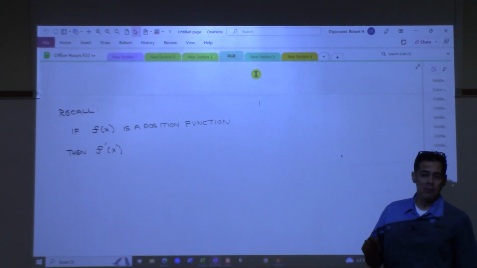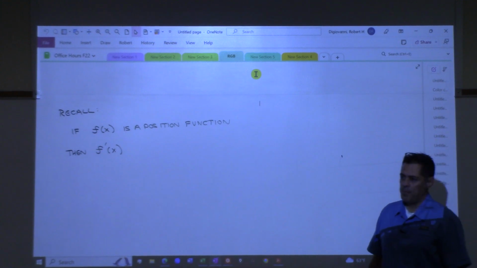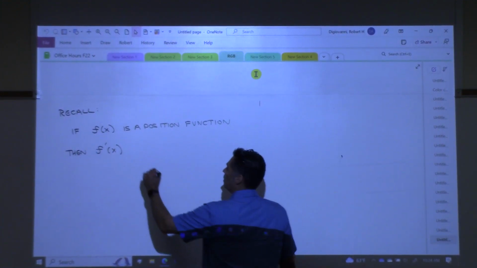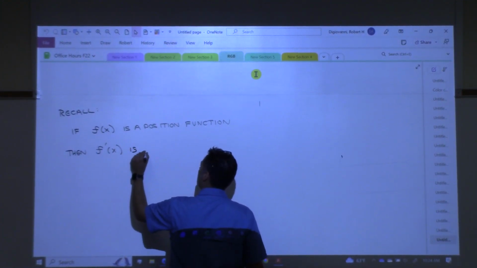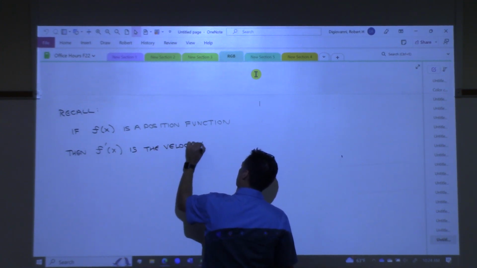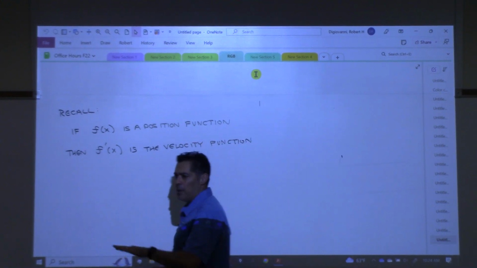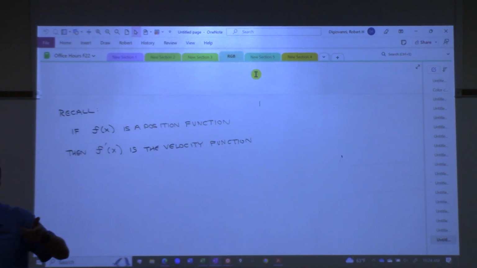Something over time? Yes. Distance over time, which is speed or velocity. Right? If we have a function that gives you position, then the derivative gives you the instantaneous rate of change, well, instantaneous speed, right? Slope of the tangent line was the speed of the object.